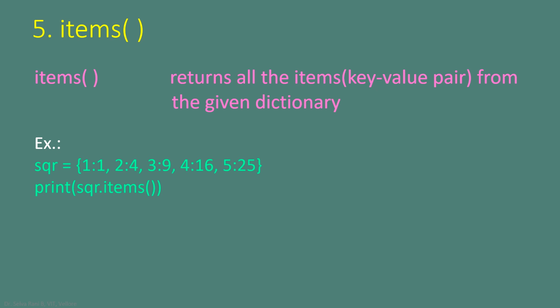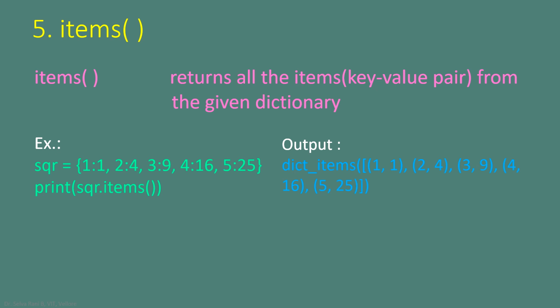If we print the dictionary name SQR.items, we will be getting the output as dict_items of all the items, but inside a square bracket, that is the list.